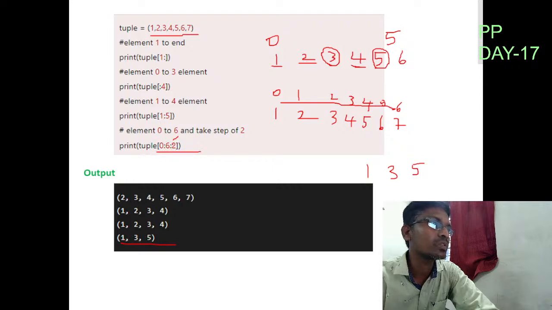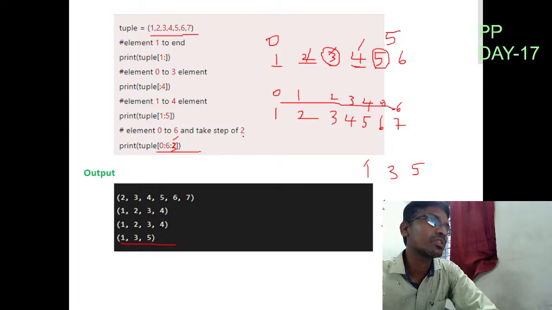Here 2 indicates that it will take a step count of 2. If the step count is 3, then what is the output? First it will print 1. After that 2 is not printed and 3 is not printed, and it will print 4. So after 1 it will print 4, and 5 and 6 are not printed. That means it will print only the elements 1 and 4.